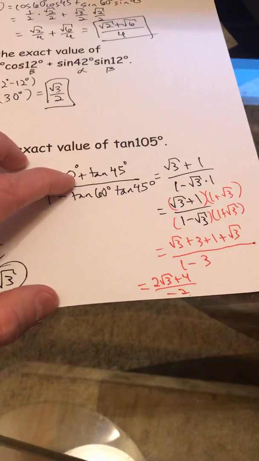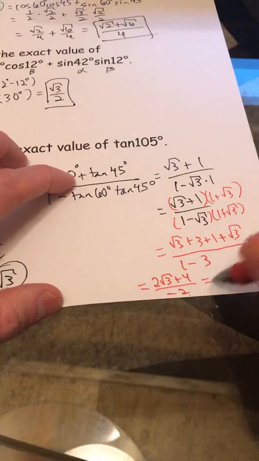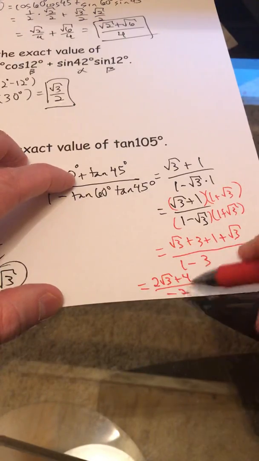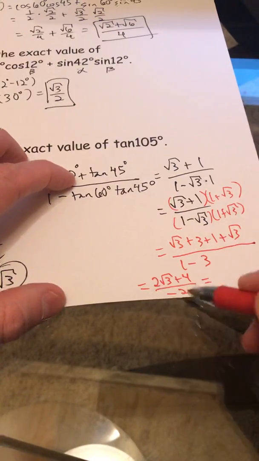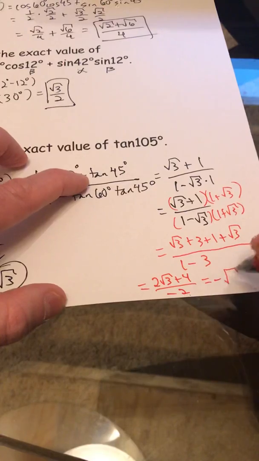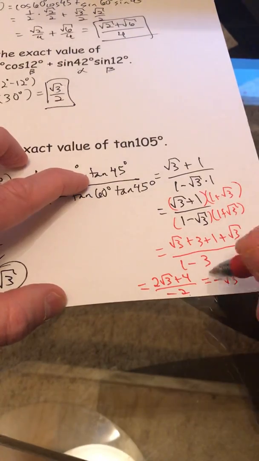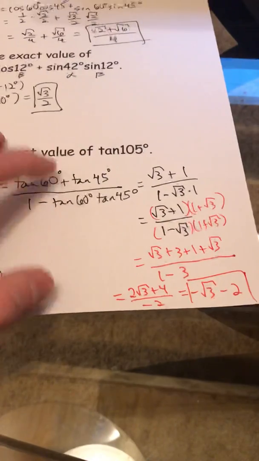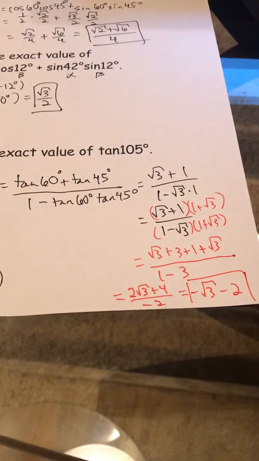Our denominator is negative 2. And to finish, we just divide the negative 2 into both of those. 2 divided by negative 2 gives us negative radical 3. 4 divided by negative 2 is minus 2. So that finishes up 5.2 day 1. There are assignments on Pearson for this section.